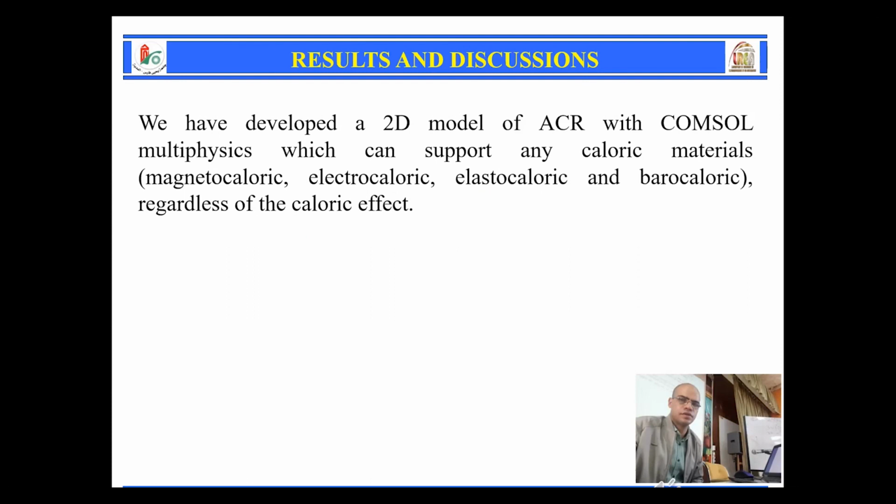Results and discussions. We have developed a 2D model of ICR with COMSOL Multiphysics, which can support magnetocaloric, electrocaloric, elastocaloric, and barocaloric materials, a comparison between four materials made in parallel plates, regenerator ICR.